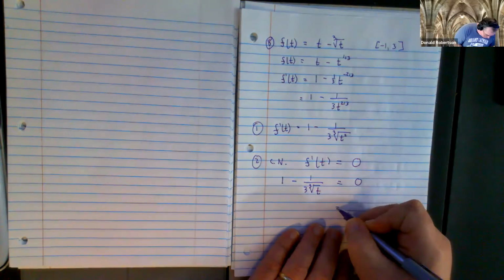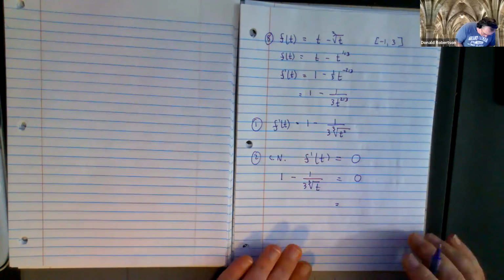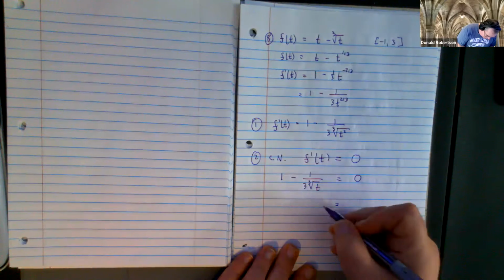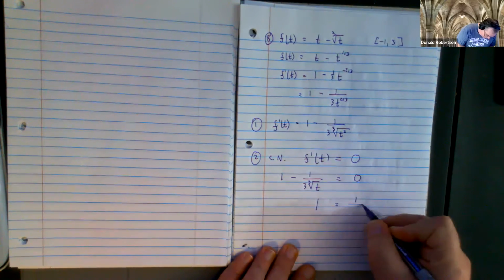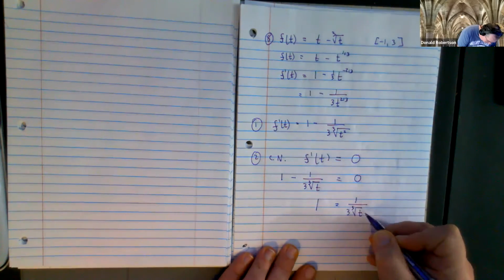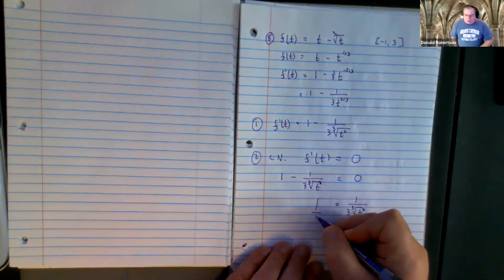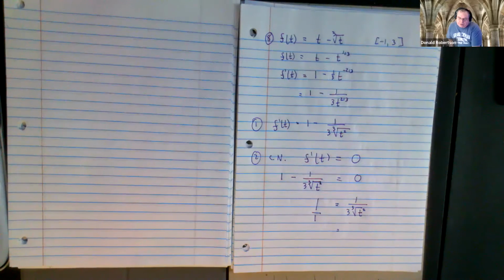So I'm going to use a technique that I use a lot called the as long as you do it to both sides, it's okay rule. So the first thing I'm going to do is to add that ugly fraction to both sides. Okay. Now, if I call that 1/1, it might give you a clue to what I'm about to do next. What do you think I'm going to do next?